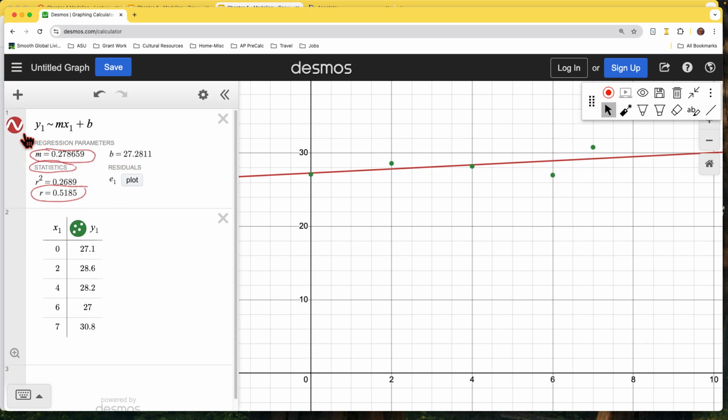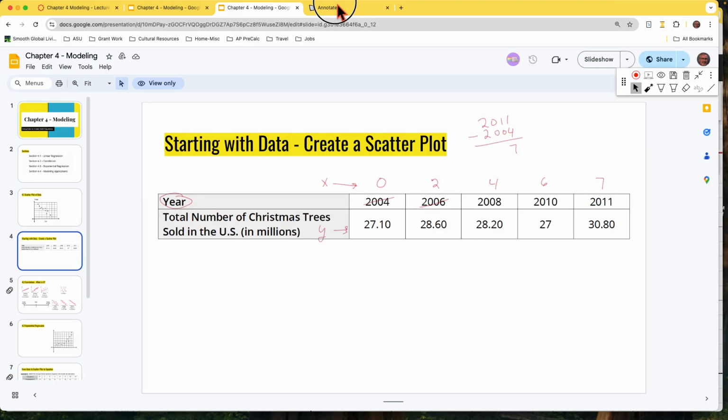It's basing it all off of this expression, y1 tilde mx1 plus b. So this line is what tells it to find the equation. We'll use it again when we get to exponential, but we get a different equation and it will still fit that equation. There's a lot of power here. It's kind of learned by doing, so I think that's enough. We'll come back here and go back to the slideshow.